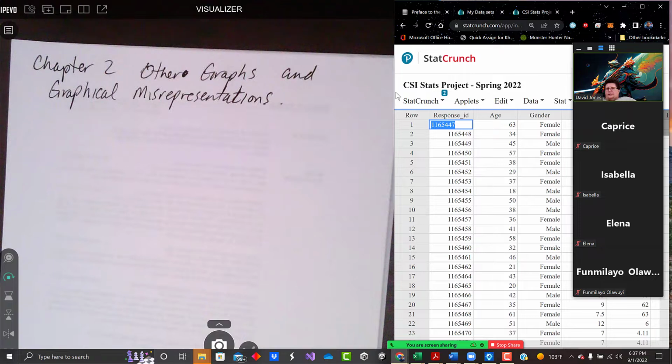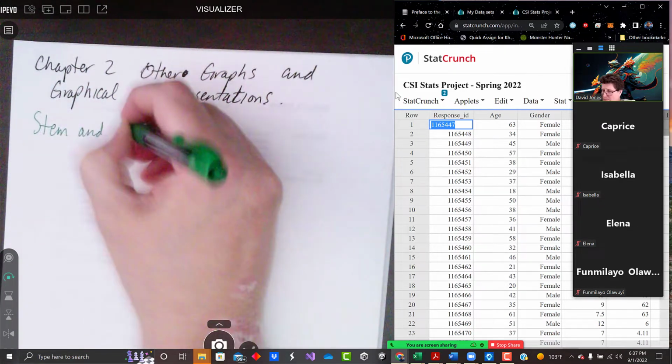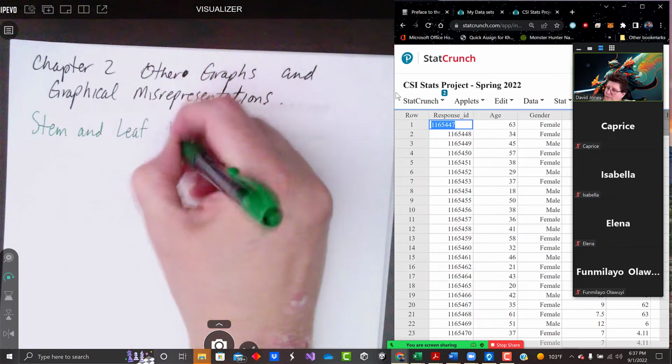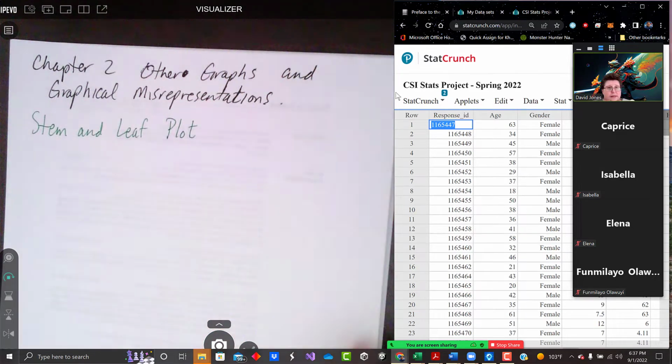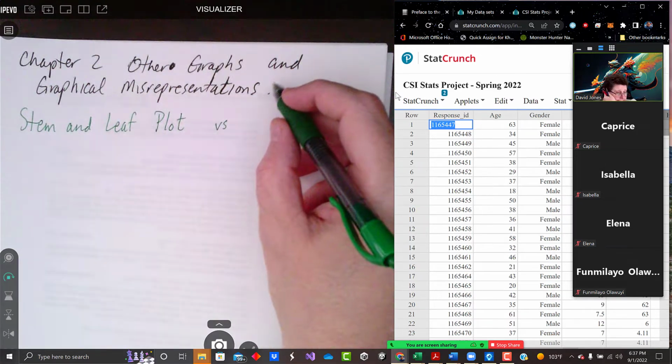So I think the first thing I want to do is just show you, we're going to start with the stem and leaf plot. And we'll compare it to, say, a histogram.